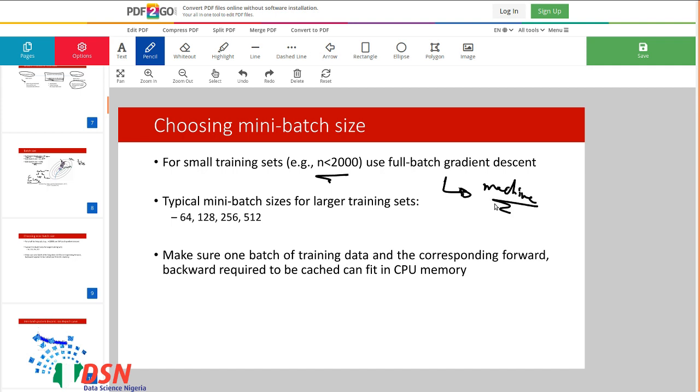So you could use full batch gradient descent for small training sets, but for larger training data sets, you could use these common batch sizes with mini batch gradient descent. Okay.